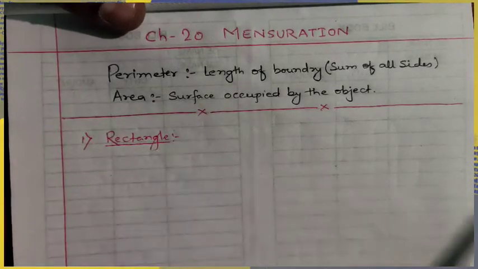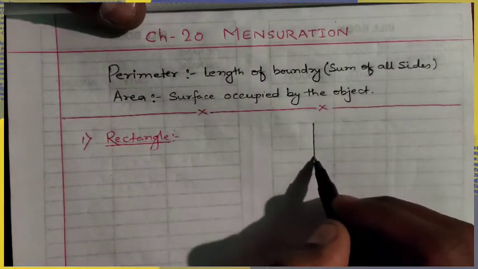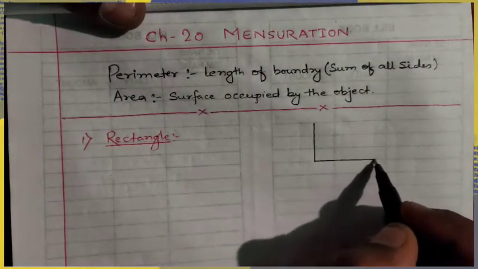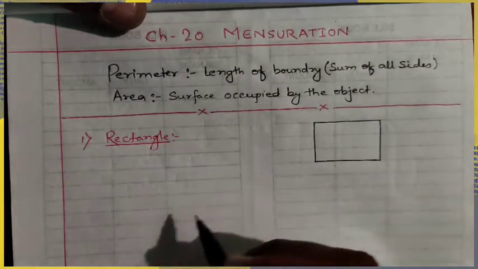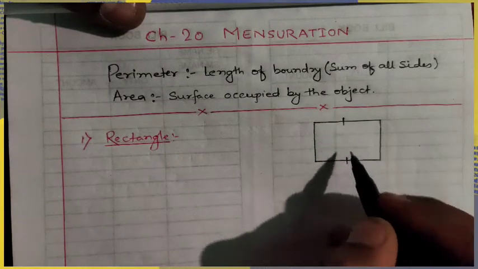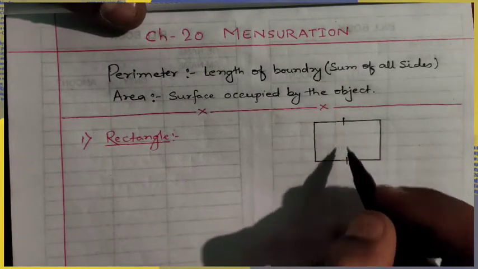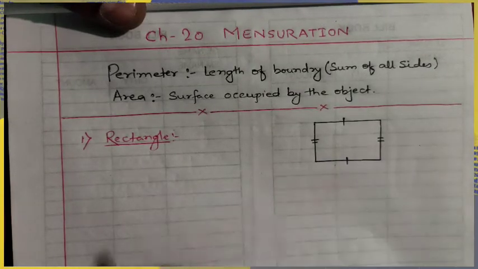As we all have studied in junior classes, a rectangle is a closed figure whose opposite sides are parallel and equal. One line on two sides means both those sides are equal, and two lines on the other two sides means those sides are equal.